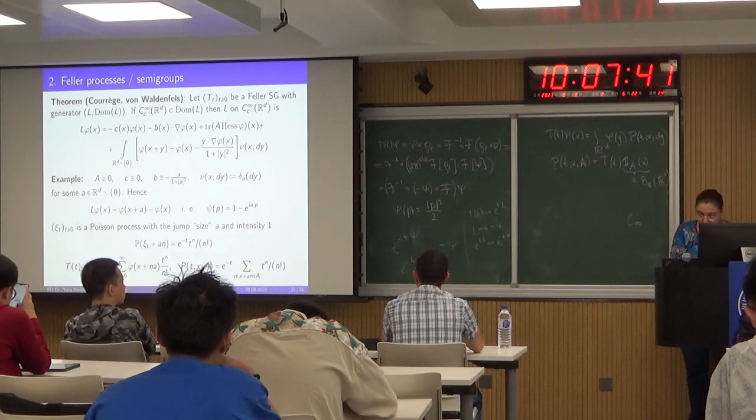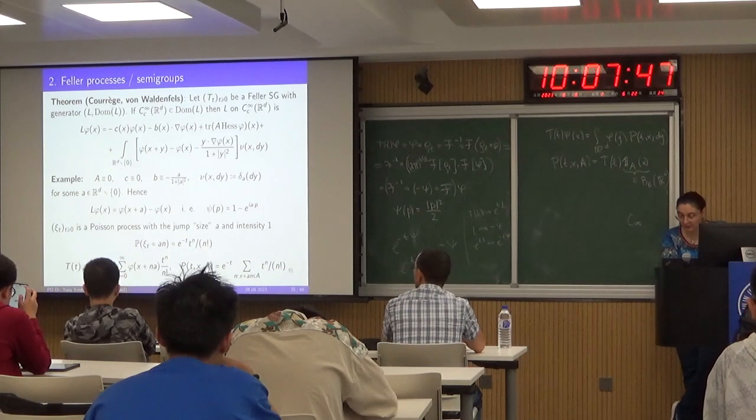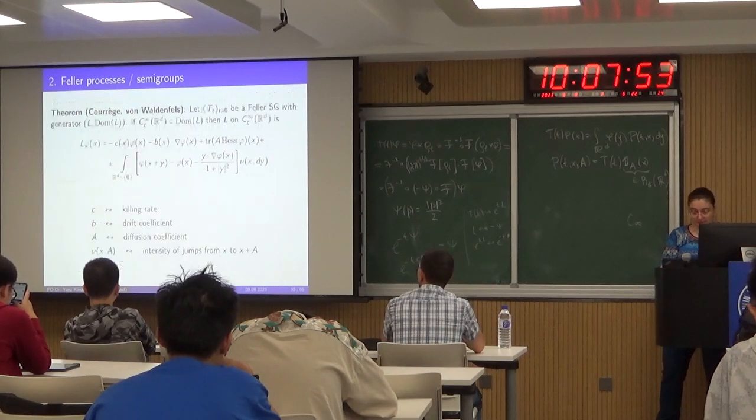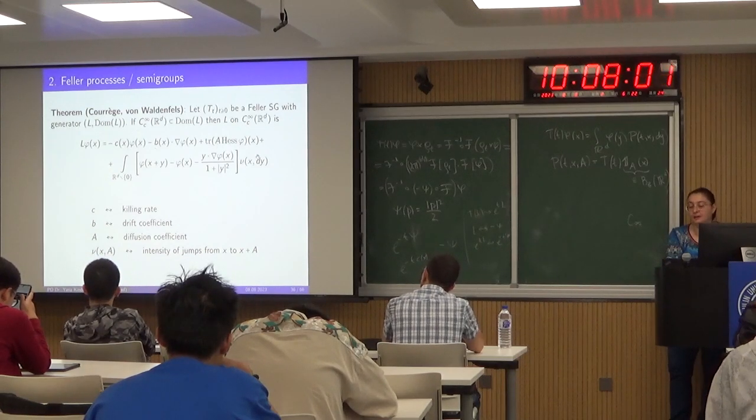So having this T, applying it to this indicator function, we obtain the transition kernel. Okay. So now one can understand the interpretation of all these factors, C, B, A, and mu.